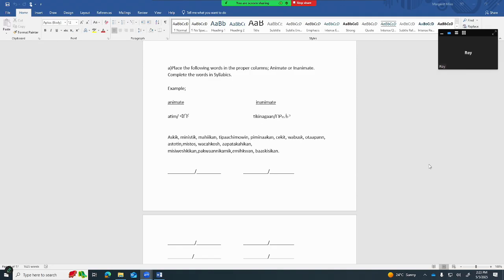Missoeskigan. Pakwanagamig. Amakwan. Baskisigan.